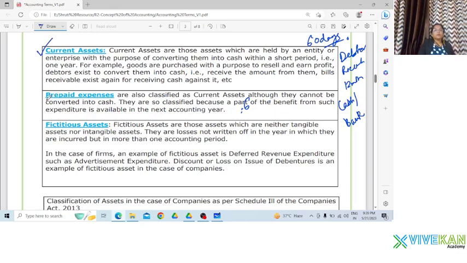Now, prepaid expenses. Prepaid expenses are a type of current asset only. But what do you mean by it? Suppose you need to pay rent of 10,000 every month. Now you have paid 6 months' rent, 60,000, in advance today itself, but you have not yet availed that service.